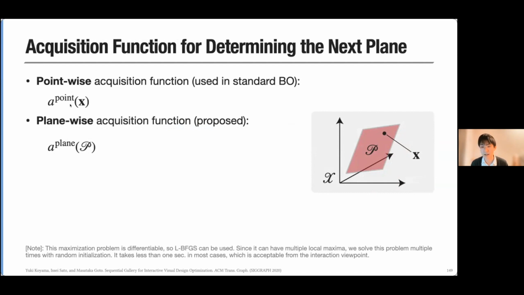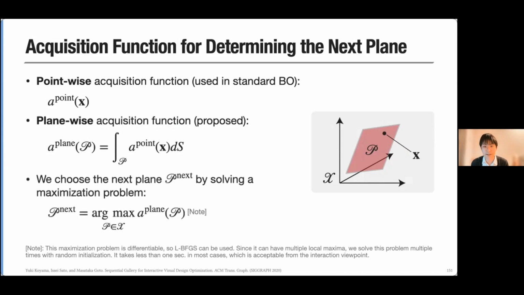That is, it takes point X as input and calculates the effectiveness. Then we propose an acquisition function that is plane-wise. That is, it takes a plane as input and calculates the effectiveness. So we propose to define this as a surface integral of the pointwise acquisition function.